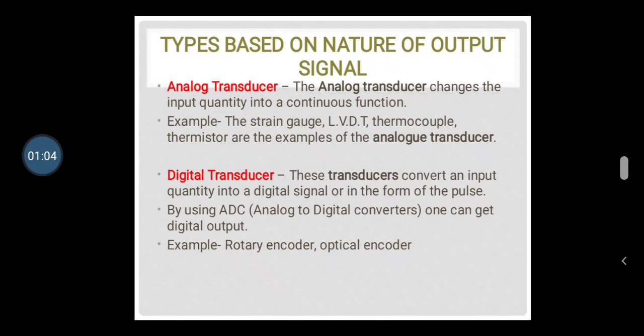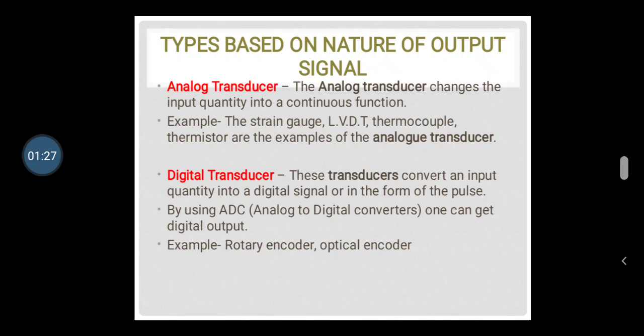By the nature of output signal, there are two types of transducer. One is the analog transducer, another one is the digital transducer. Then what is the analog transducer? The analog transducer changes the input quantity into a continuous function. Continuous function is a very important thing.